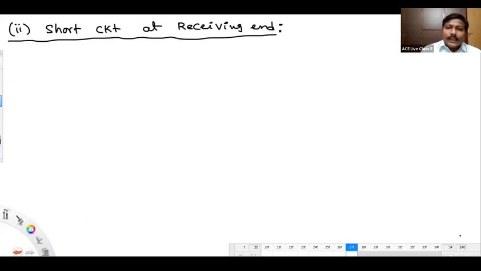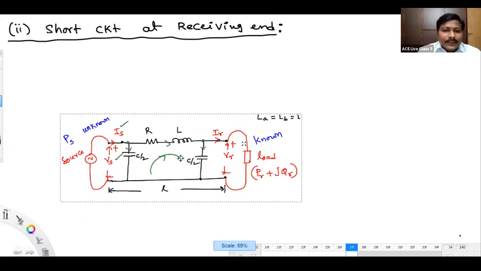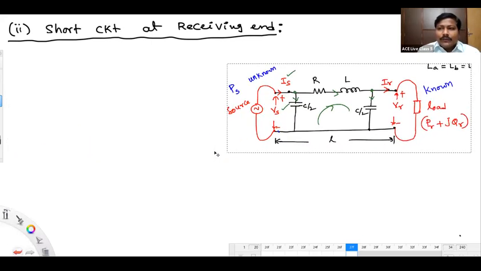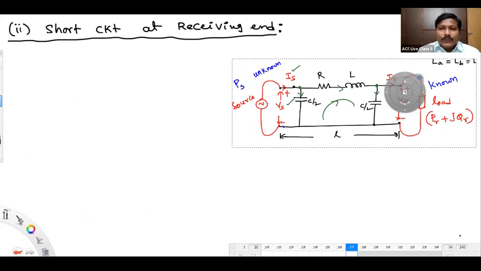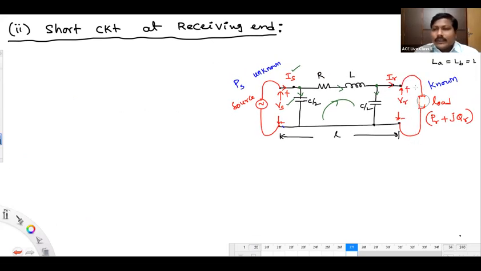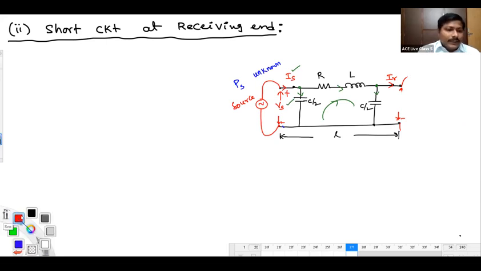See, making short circuit at the receiving end side means, for example, if this is the per phase model we have, I will show it in a simple way, similar to what we have shown earlier. This is the short circuit we are interested to make now.